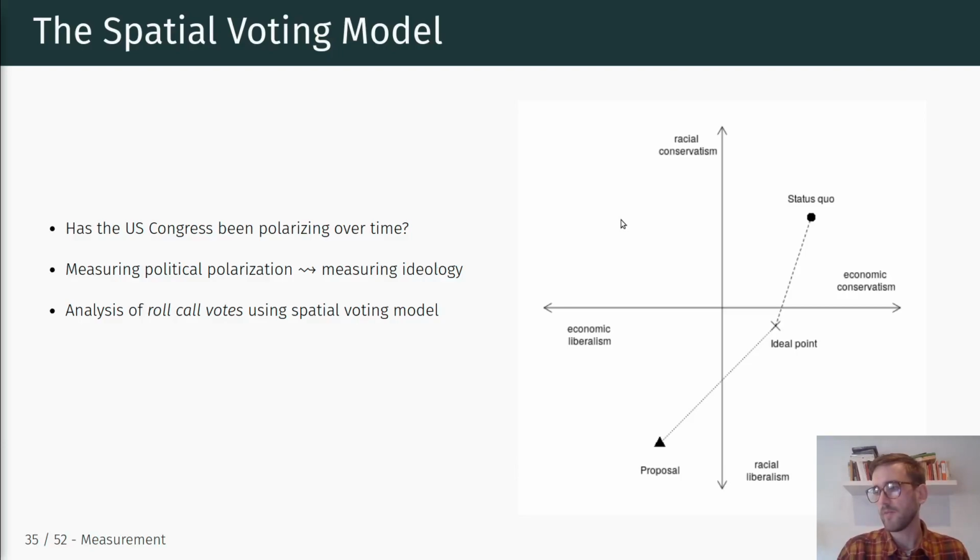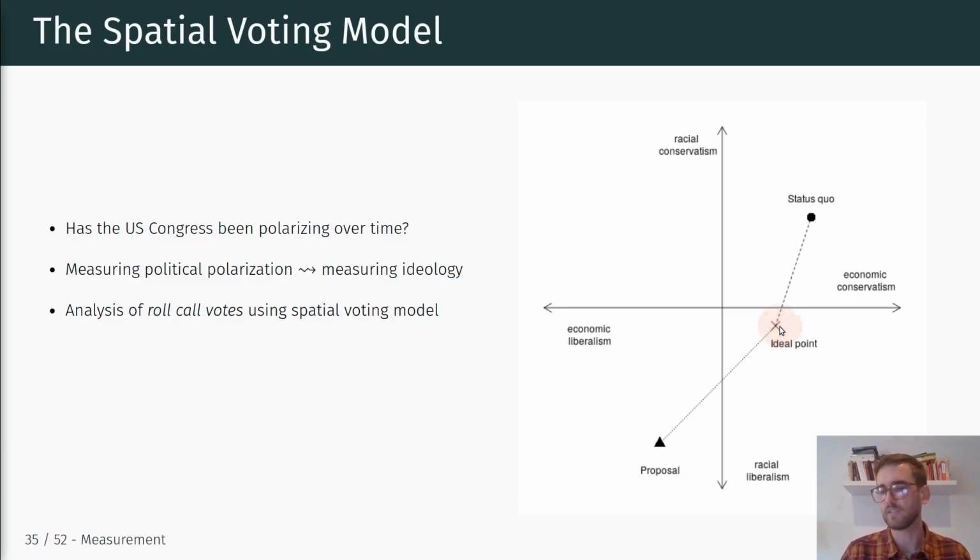And so in this world where ideology can be described by this two-dimensional space, we can place the status quo of the world somewhere in this continuum, and each individual legislator has an ideal point. So that's where, if they had control over the world, that would be the policy outcome that they would prefer, right?